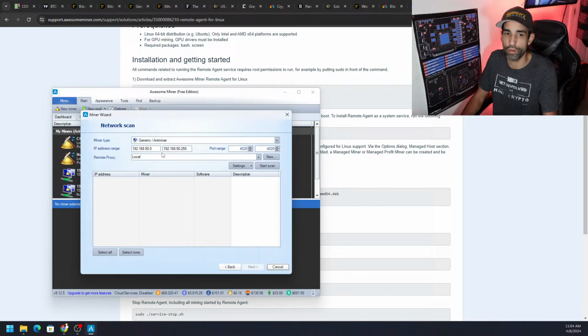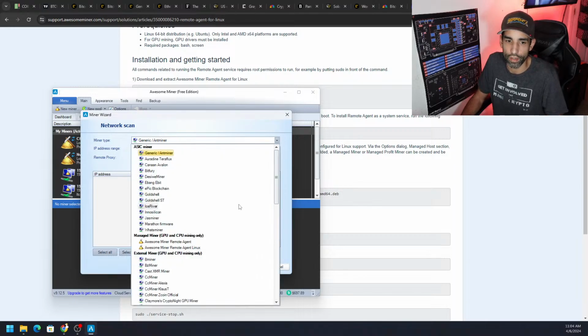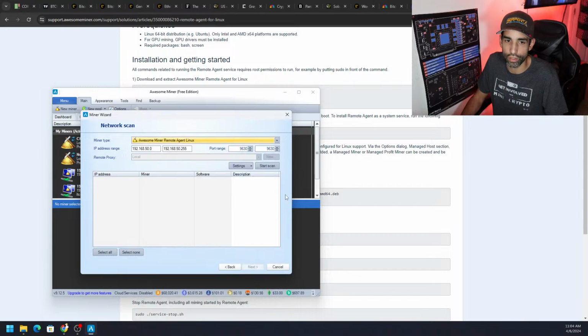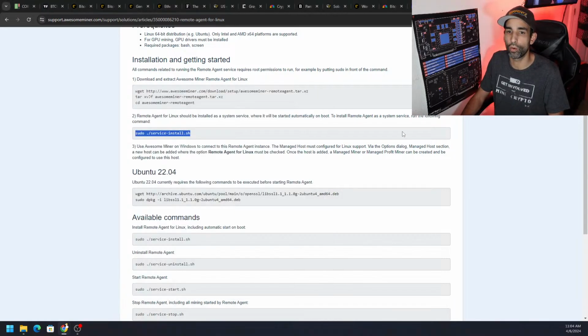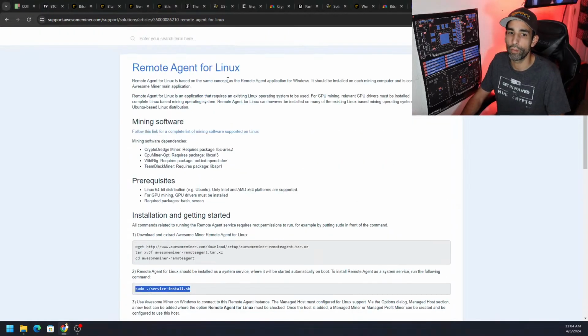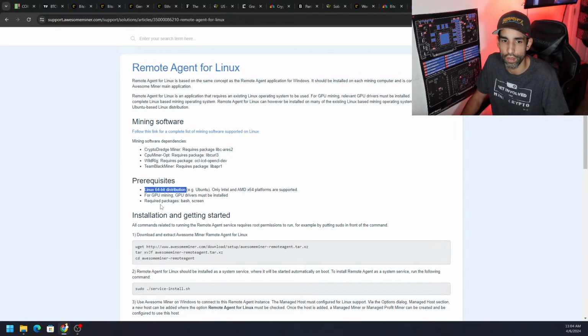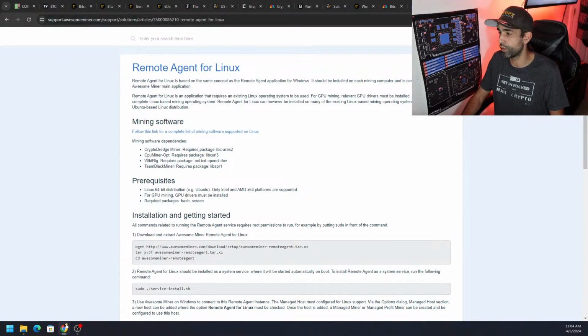You just put in your IP range, so on and so forth, right here. So Awesome Miner, remote agent Linux, you put in your IP range, and scan, and it will scan all the machines, but you got to install this per machine. So the remote agent from Awesome Miner has to be installed per machine, and the prerequisite is a Linux 64 distribution, blah blah blah. So I'm gonna drop this in the live chat right now for you, brother.